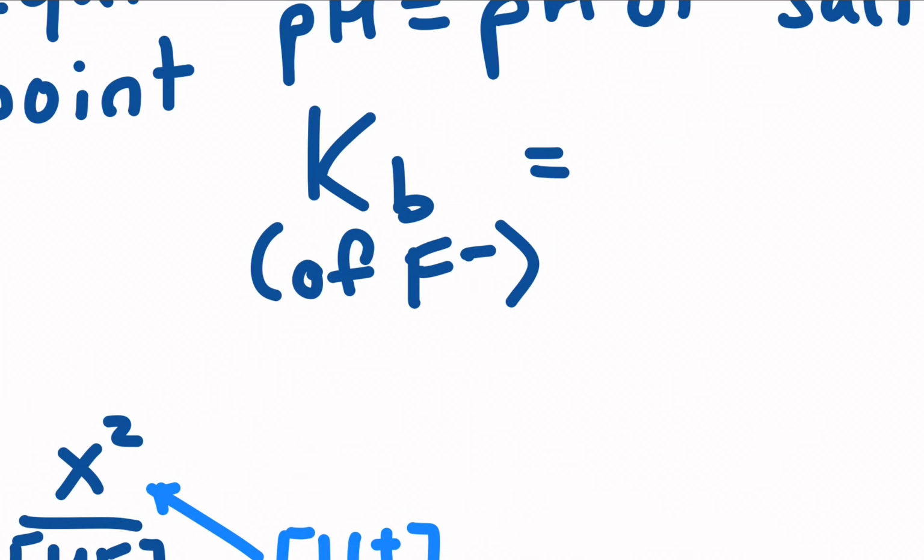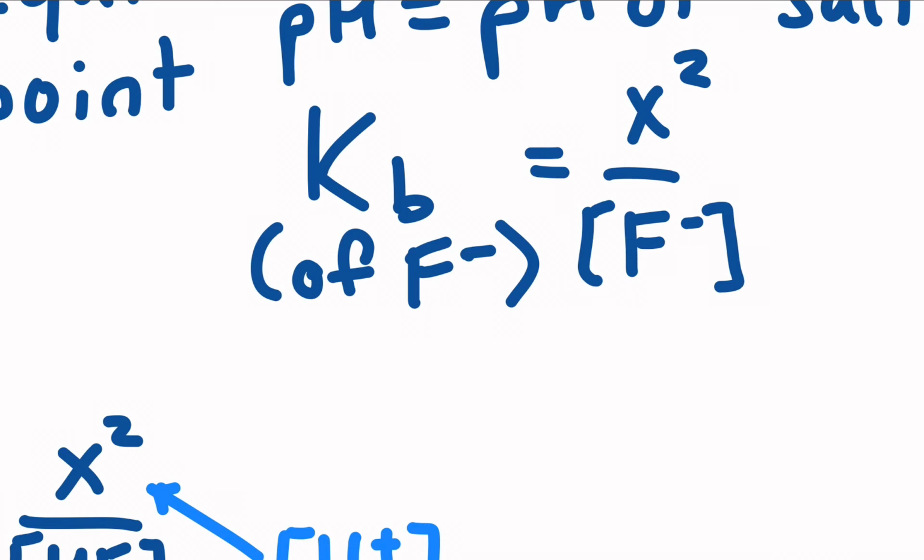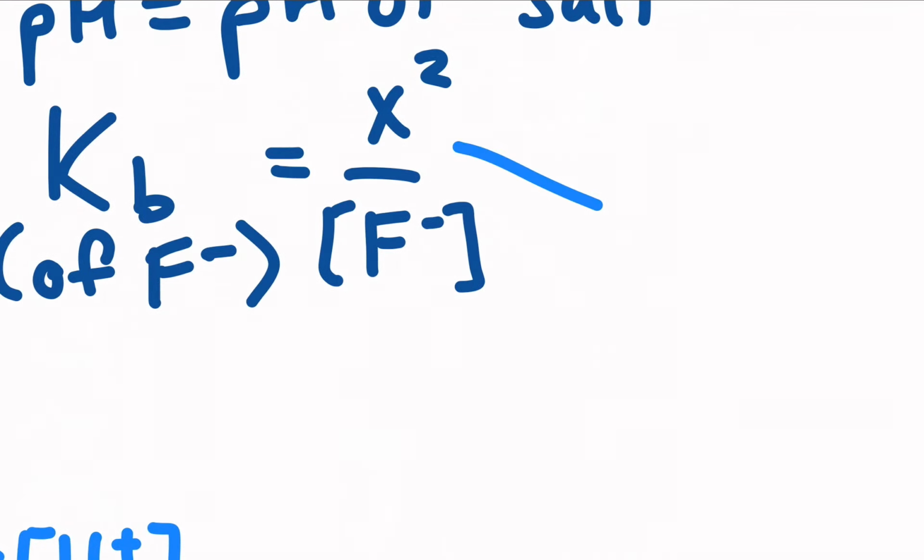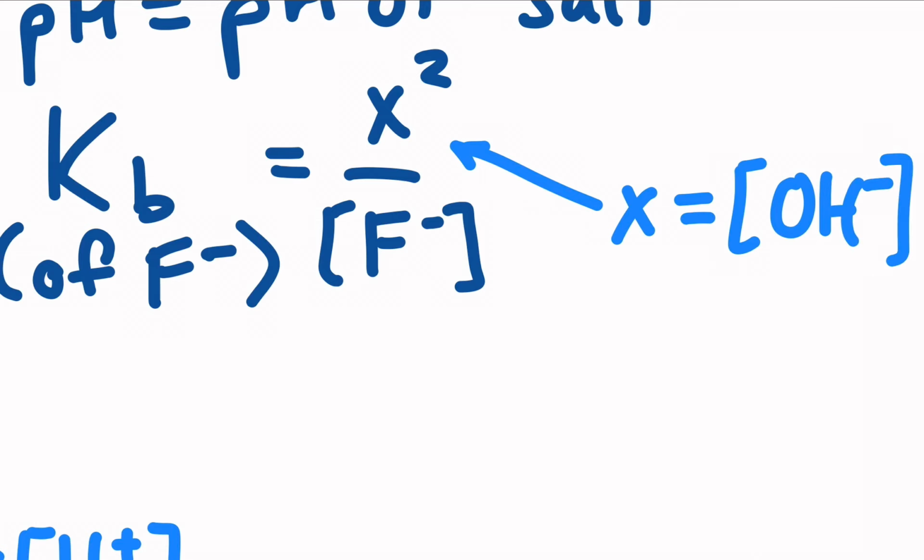It's x squared divided by whatever the molarity of that conjugate base anion is. Although this time I have to make a note, because it's Kb, the x is my molarity of hydroxide. Kb always shows a way of making hydroxide.